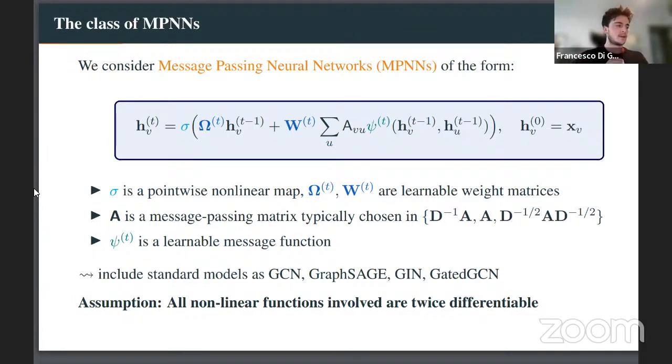Or, for example, think of force field models where we want the gradient of the function we predict to be forces, so it has to be differentiable. And so this is just to convey the idea that this requirement is actually quite a mild one. It's not a strong assumption.